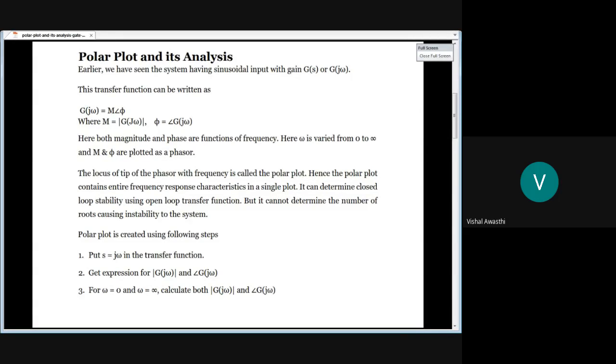Because when you proceed, you have to find the cutting points on the real axis as well as the imaginary axis.